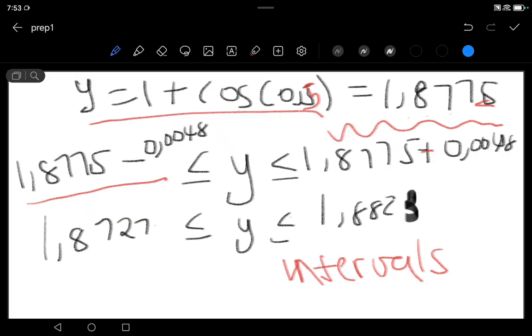I remember some. Yeah, you still remember. So sec, remember, is the same as 1 over cos x. When you calculate, yes. Because on the calculator we don't have sec. So sec is the same as 1 over cos.